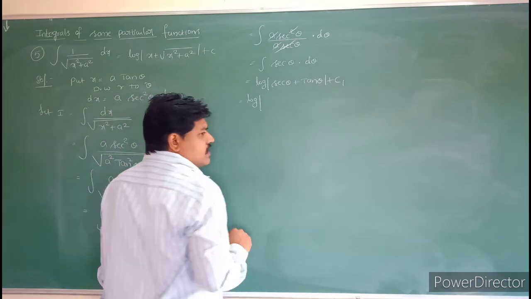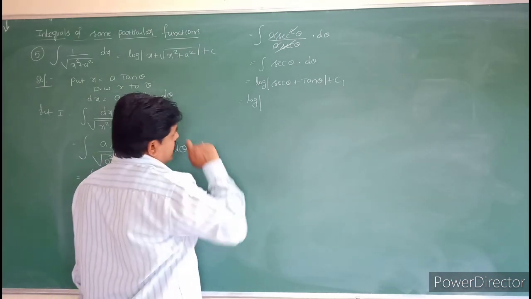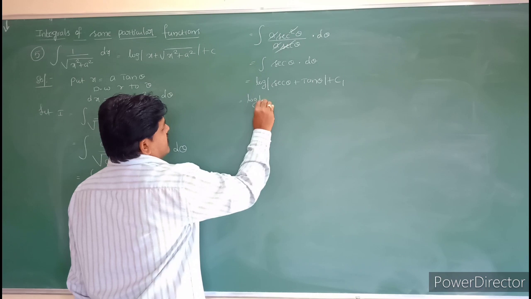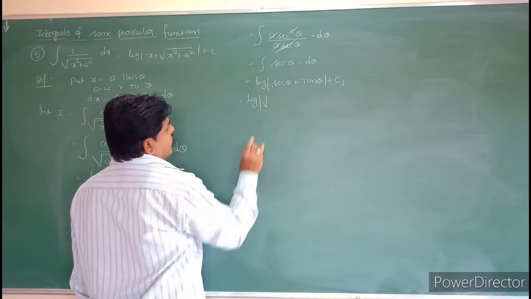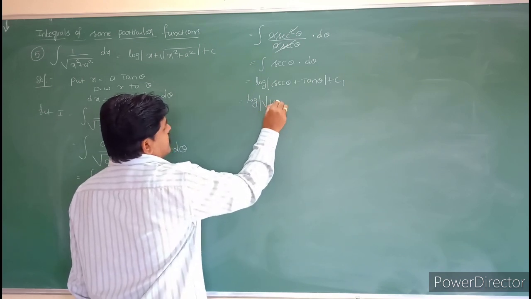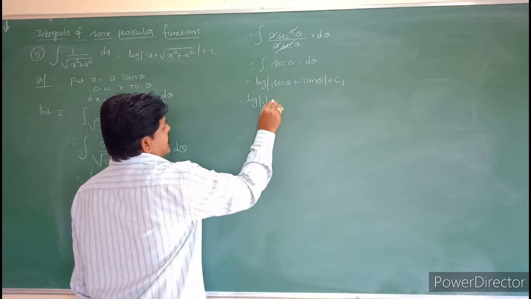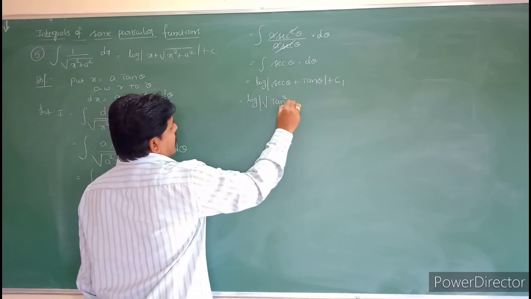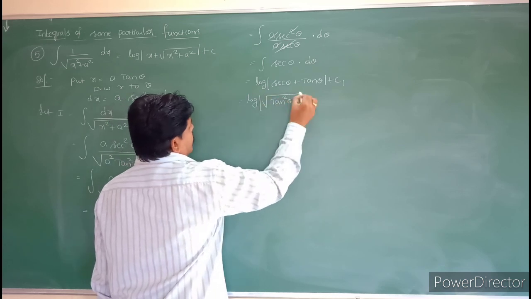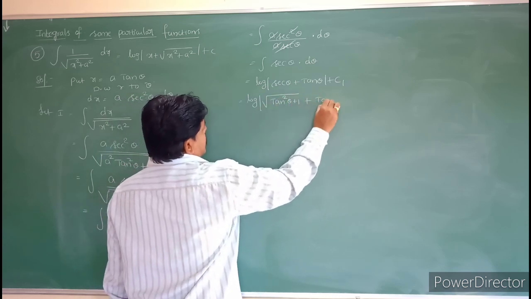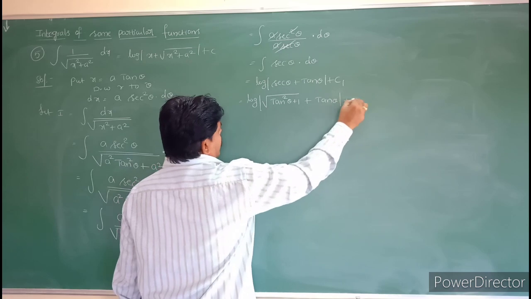So secant theta you can write as root of 1 plus tan square theta, so log mod root of tan square theta plus 1 plus tan theta plus c1.